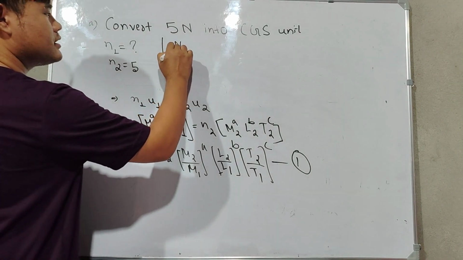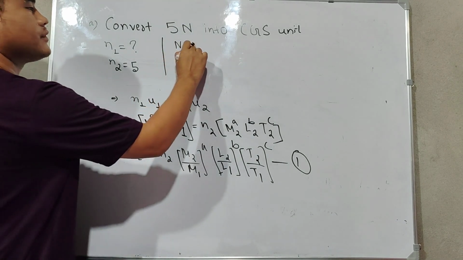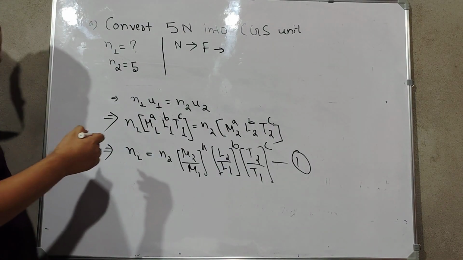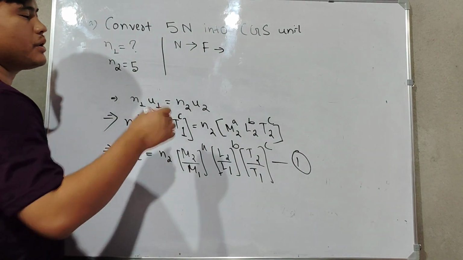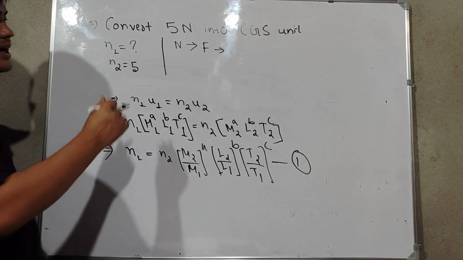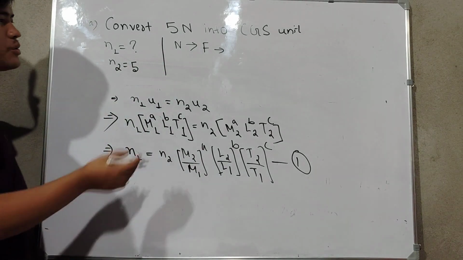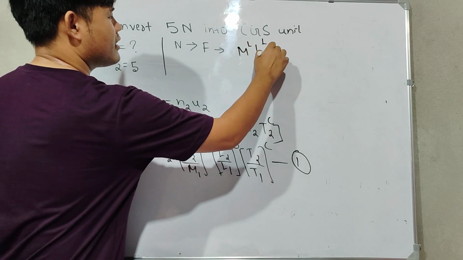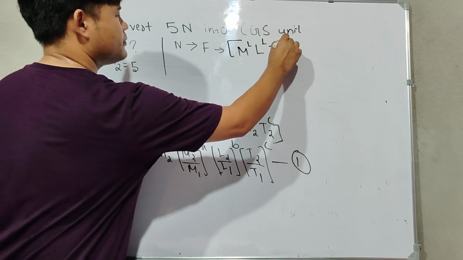So now let us see. The unit is Newton. Newton means force, and the dimension of force is, as I told you, something you have to remember, because it's coming again and again. Deriving it at length will take time, and my lecture will also go on for a long time, so you better remember it. If I remember it, then I can directly place it like this: M1 L1 T to the power minus 2.